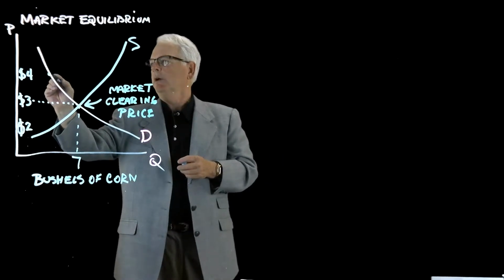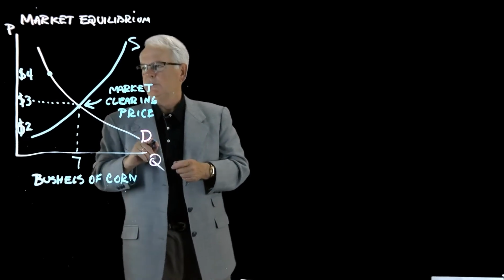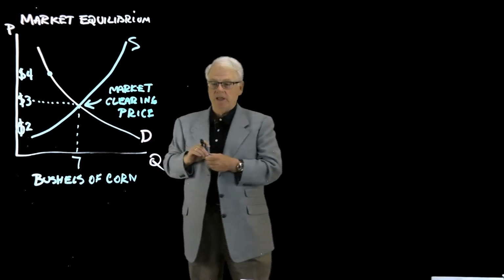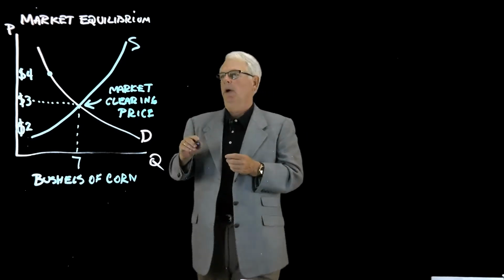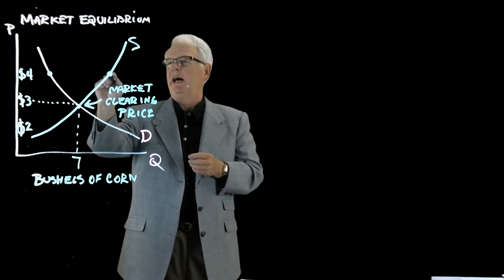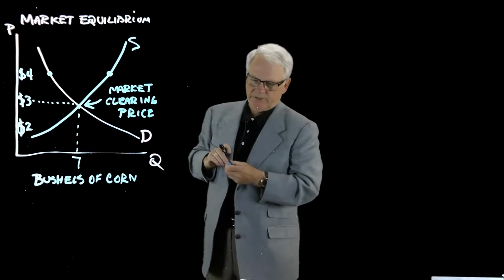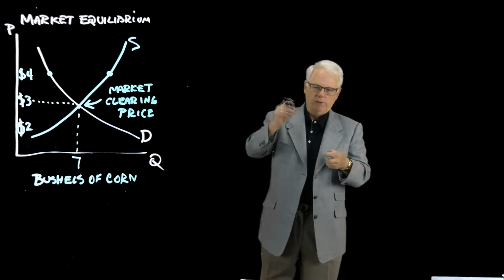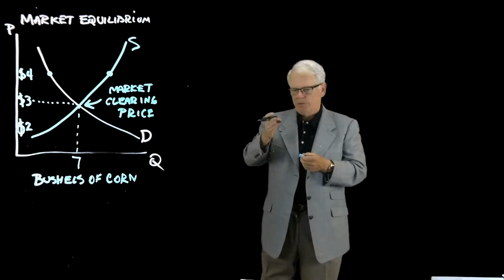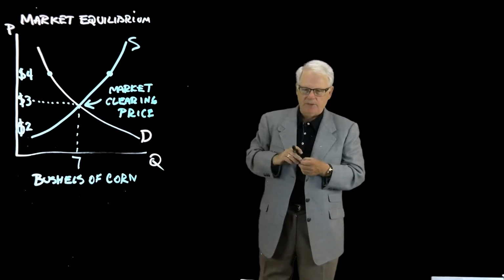At this particular point, consumers would demand much less than 7, and suppliers would be willing to provide much more than 7 bushels, simply because firms want to supply more the higher the price, and consumers want to demand less the higher the price.